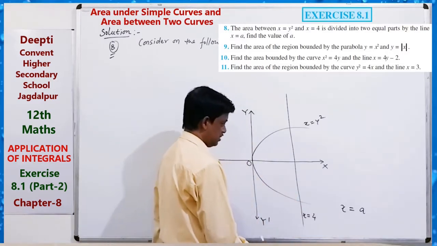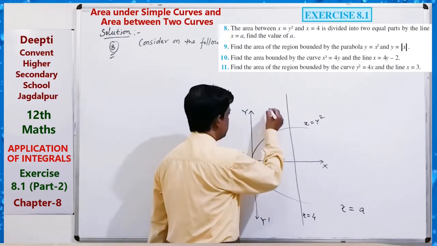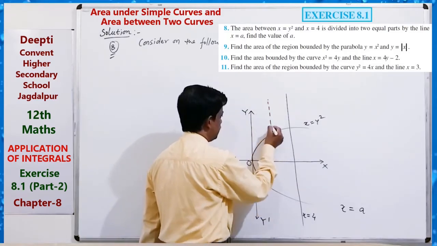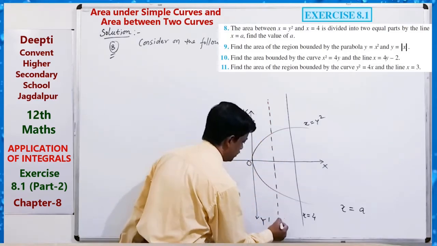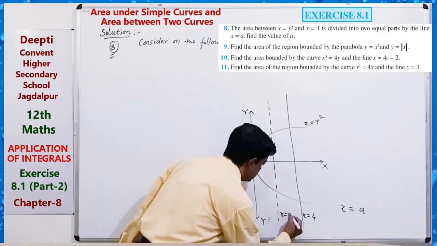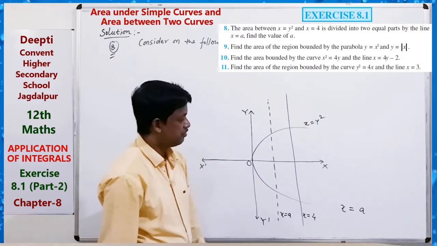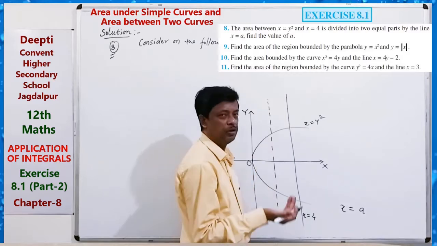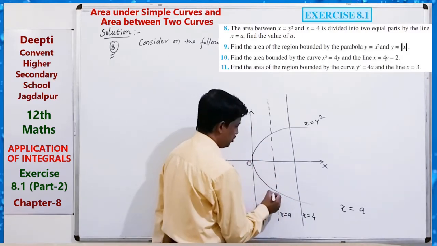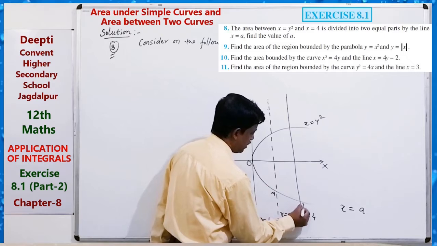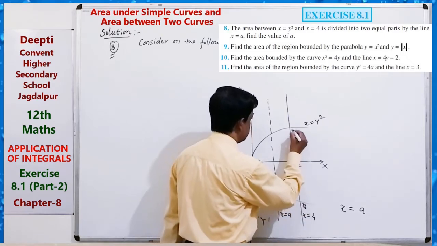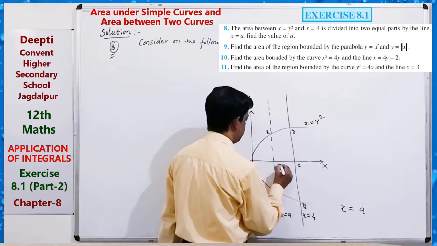That means this line is in between. Suppose this is the line x equals a. This line divides the total area into two equal parts. Label the points O, A, B, C, D, E, F.